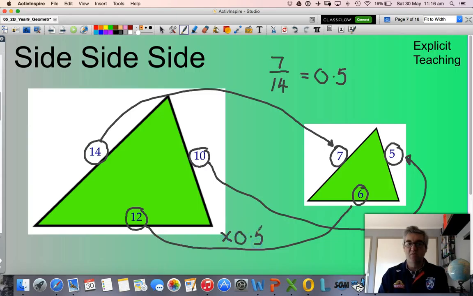So 12 multiplied by 1/2 is 6. 10 multiplied by 1/2 is 5, and of course 14 multiplied by 1/2 equals 7. So yes, I can say that those two triangles are similar due to the condition side, side, side, or if you prefer S, S, S.